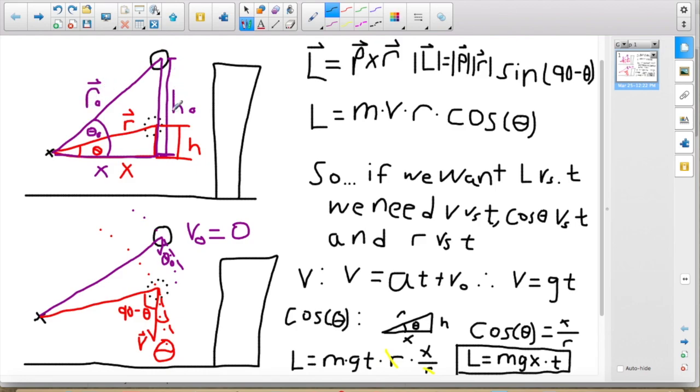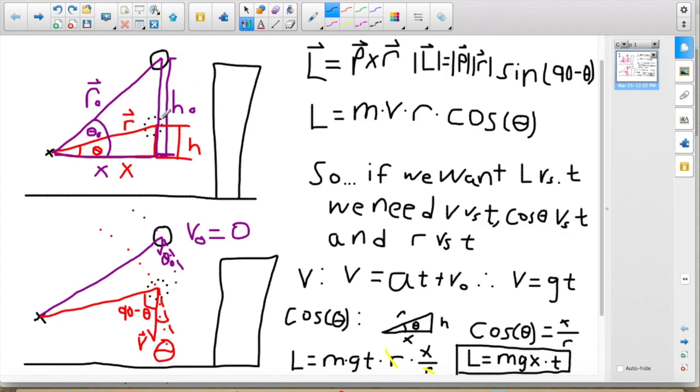H naught is the height that the ball is above point P. Note that that's the height from point P, not the height from the ground. And then X is the base of that triangle, the distance from point P to the ball in the X direction. So the purple triangle represents the initial position of the ball.